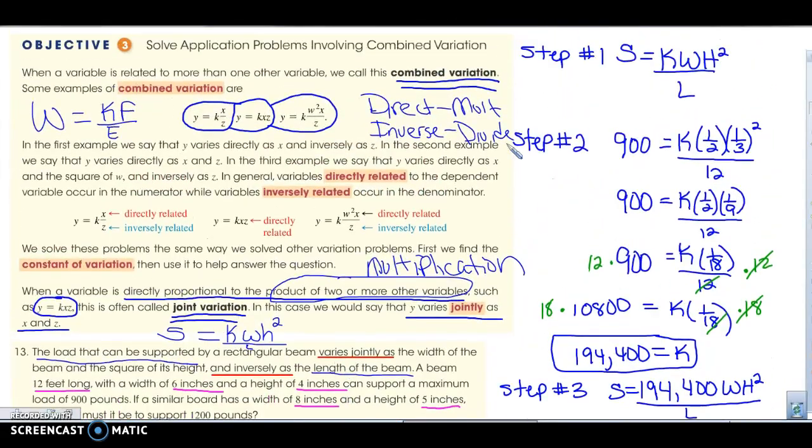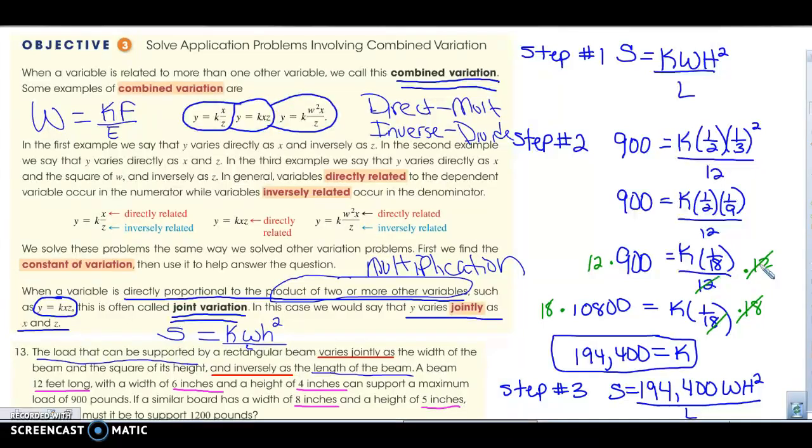So now we're ready to fill in the information into our formula. So it starts off by saying that a beam 12 feet long. So we put in 12 for the length, width 6 inches. So remember that's 1/2 of a foot for the width. Height 4 inches. So that's 1/3 of a foot for the height, and square that. And that this can support a maximum load of 900 pounds. So we put 900 for the support. All right, so to solve this, you could go about this a few different ways.